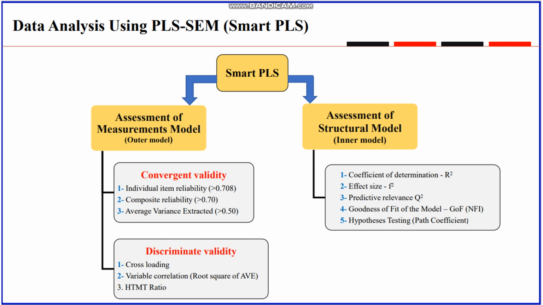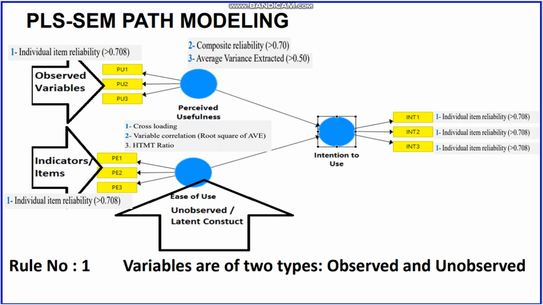So these are the 11 criteria we have to ascertain and calculate using SmartPLS software to measure the accuracy of the entire SmartPLS model, and whether the hypotheses are supported or rejected. We can determine that using all these 11 criteria.